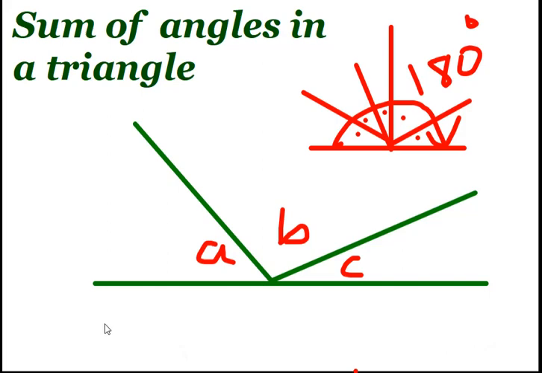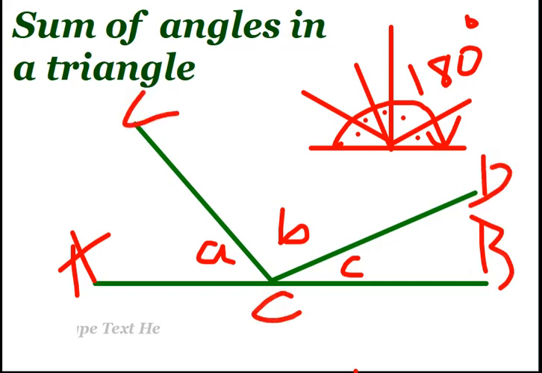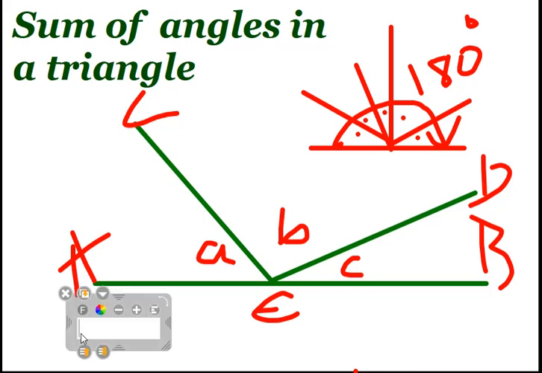So if I am to write this down using our straight line, let's label it A, B, C, D, and E. So if we were to write the total of our angles on our straight line AB, it would be angle A plus angle B plus angle C, and this equals 180 degrees.